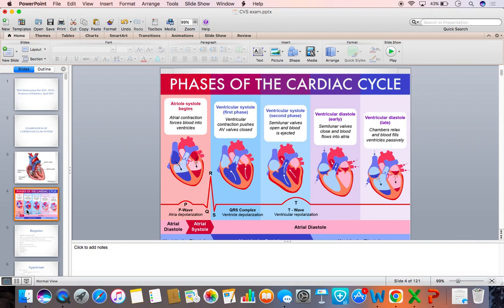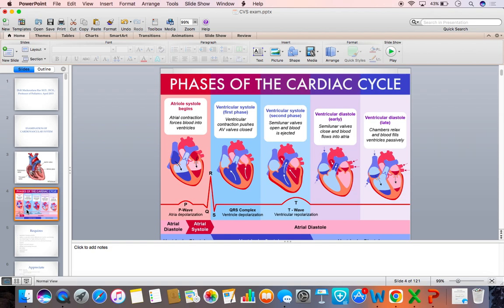Atrial systole is nothing but the contraction of the atrial chambers, which empty their blood into the ventricles. Here, as you can see, the atrial systole corresponds to the P wave of the electrocardiogram.